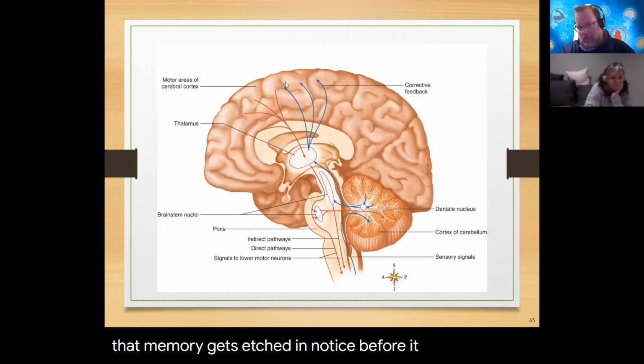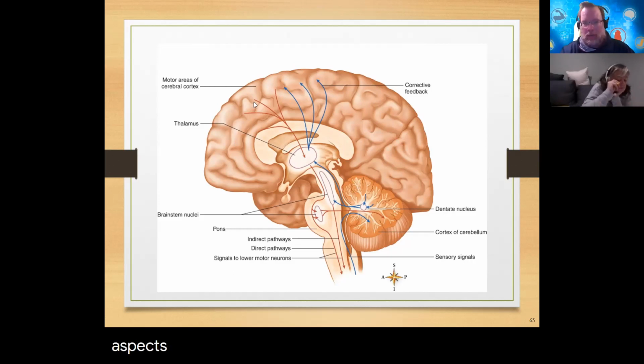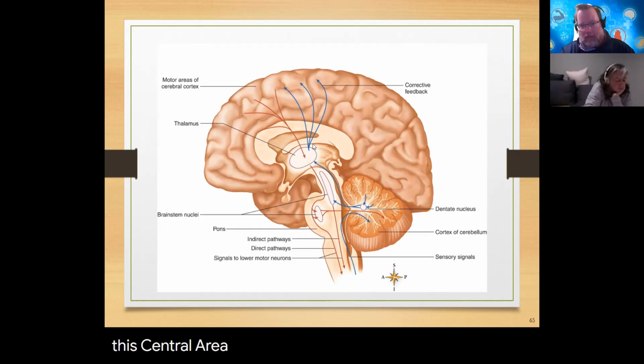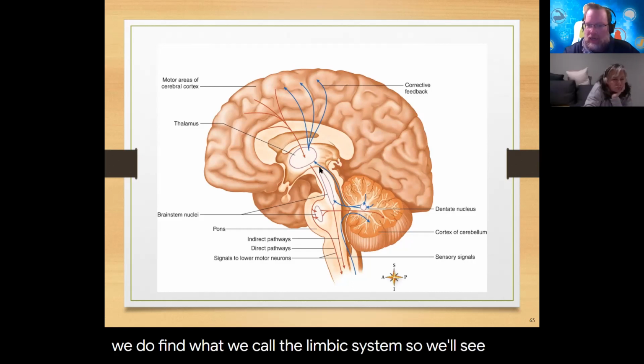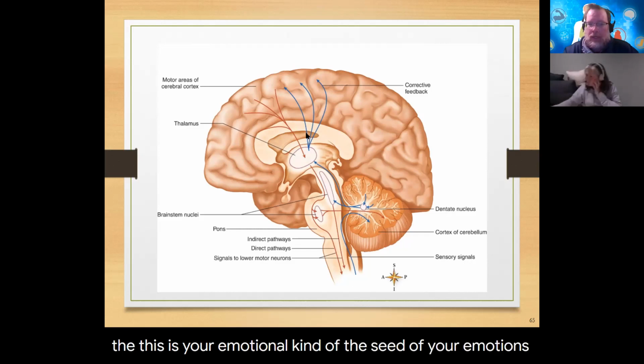Notice before it ever gets up here to the memory aspect, this is also your analytical aspects way up here, the mental and analytical aspects. In this central area, on our way to getting into the cerebrum, we do find what we call the limbic system. So we'll see that coming up in just a second. But I did want to mention this is your emotional, kind of the seed of your emotions.